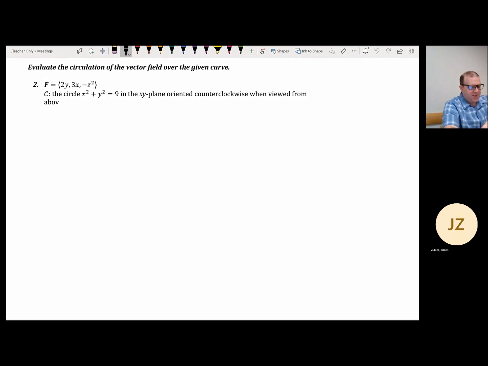So we're calculating circulation of the field (2y, 3x, -z squared) along the circle x squared plus y squared equals 9 located in the xy plane, oriented counterclockwise when viewed from above. I did spell that right. I just don't think I copied it to include the E in the copy.